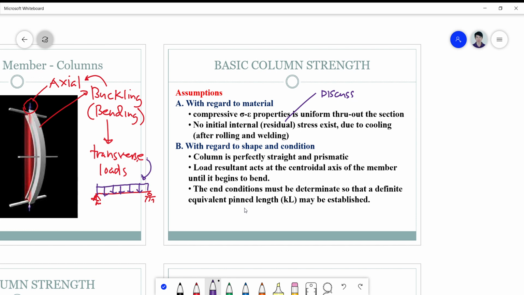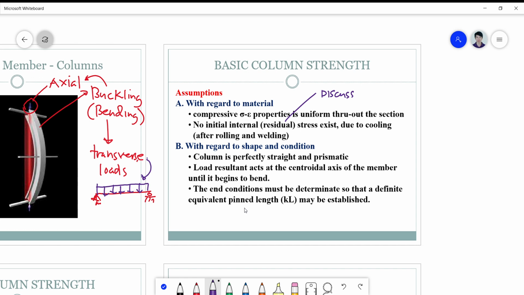So with regard to shape and condition, so we have here assumptions made to simplify the derivation of the equations we need to come up with the analysis of columns. So it is assumed that the column is perfectly straight and prismatic.